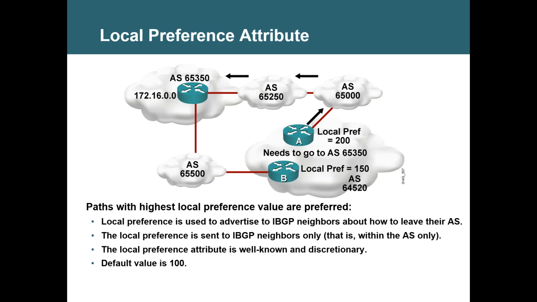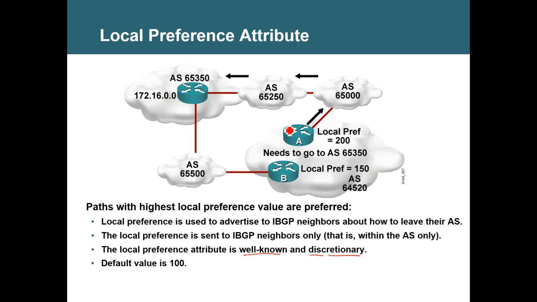Origin code, well known mandatory. What about the local preference? Local preference is also well known, but it is not a mandatory one. It's a discretionary one. It may be present, may not be.